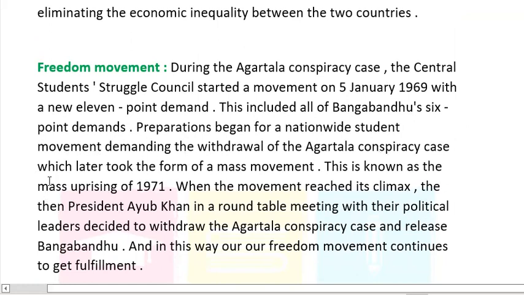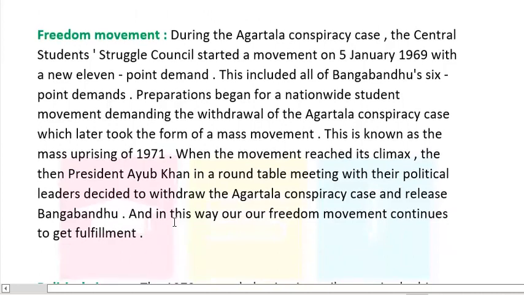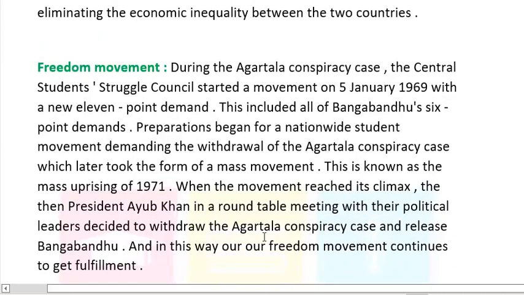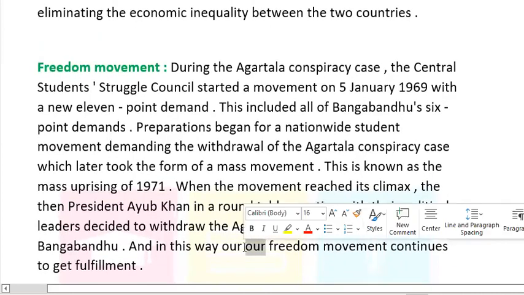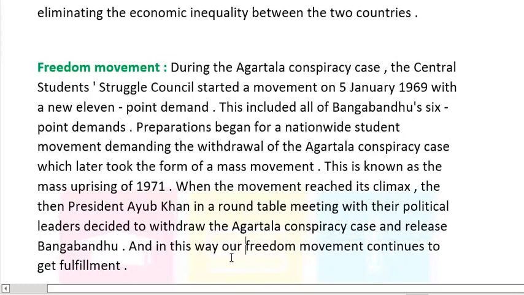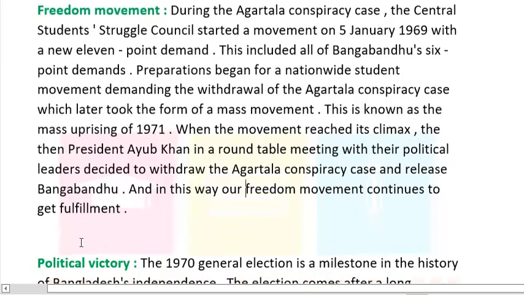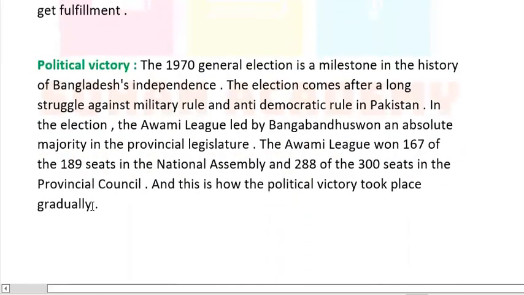This is known as the Mass Uprising of 1969. When the movement reached its climax, President Ayub Khan, in a roundtable meeting with political leaders, decided to withdraw the Agartala conspiracy case and release Bangabandhu. And in this way, our freedom movement continued to get fulfillment.